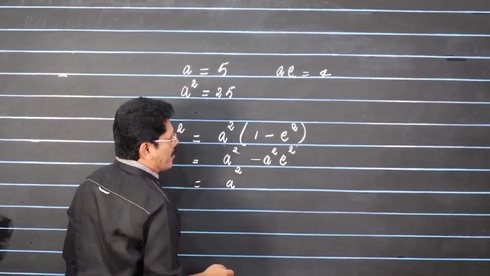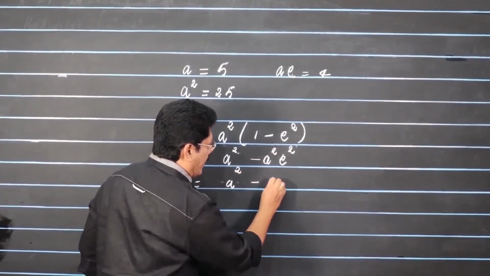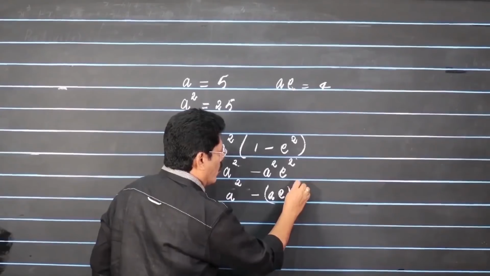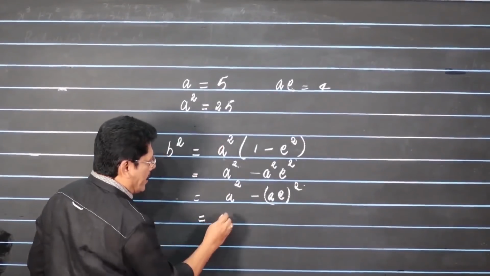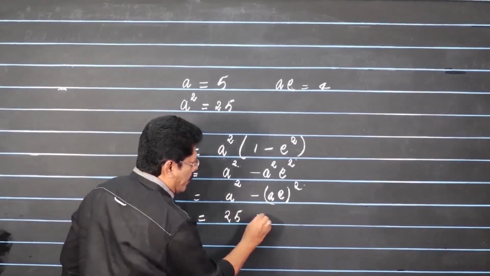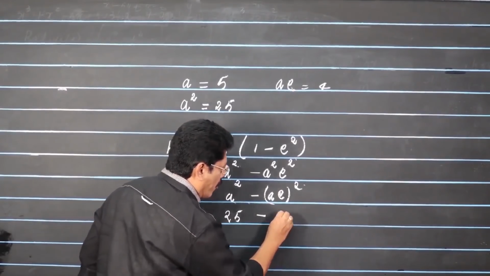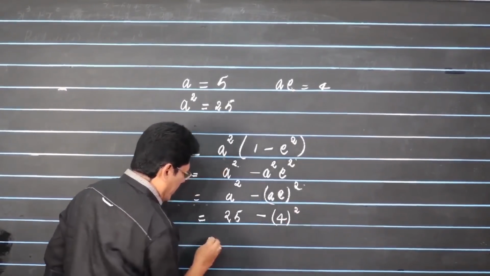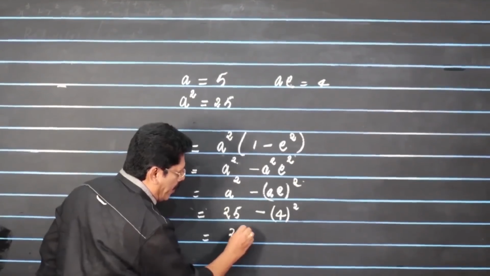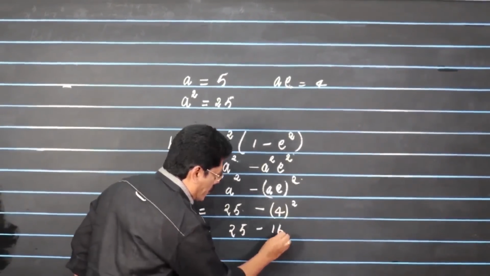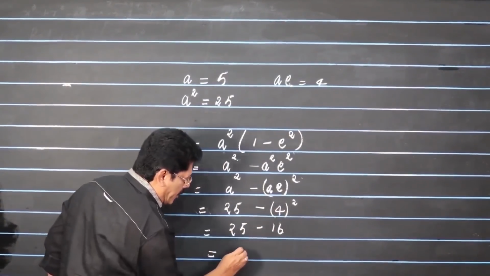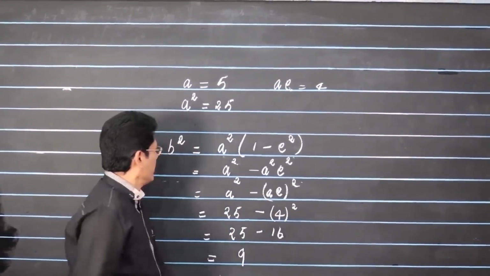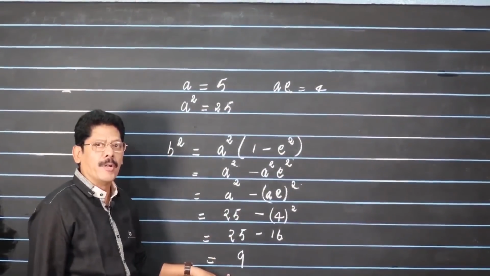Since the power is common, you can write AE the whole squared. The value of A squared is 25. The value of AE is 4 the whole square. So 25 minus 4 squared will give you 16. 25 minus 16 is 9. Therefore, the value of B squared is equal to 9.